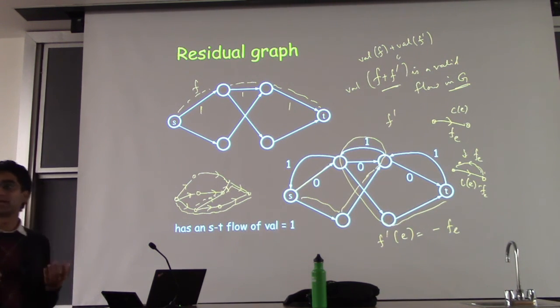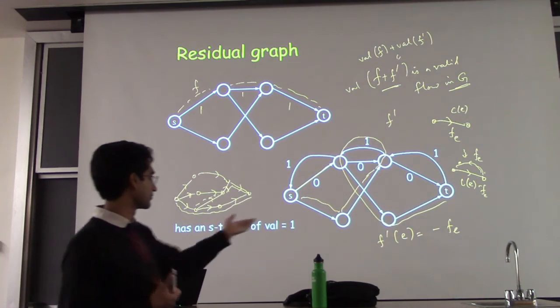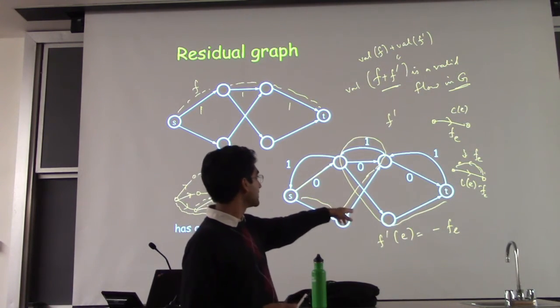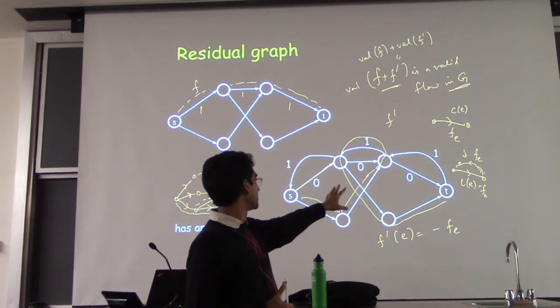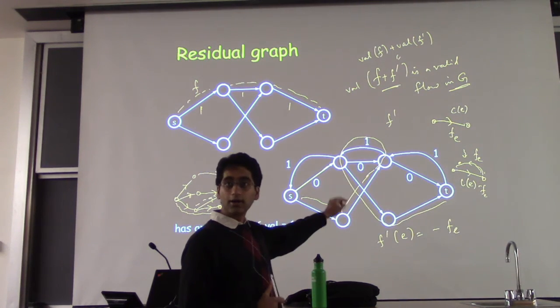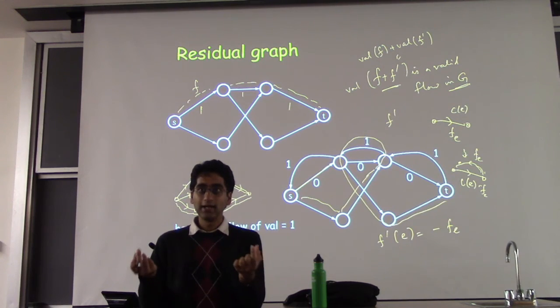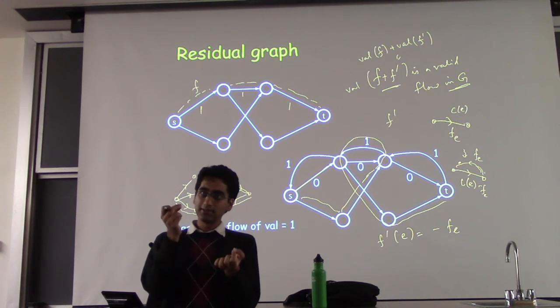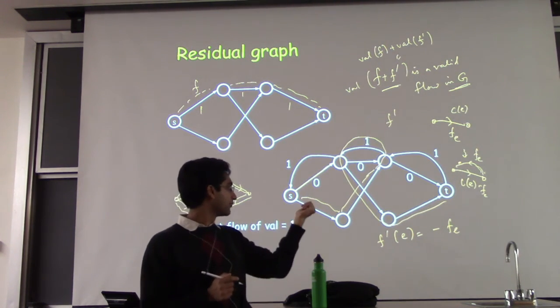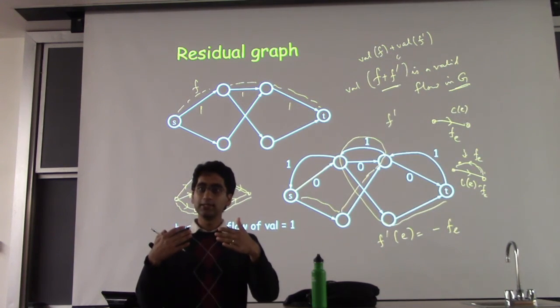Think about this for a second, and it will make sense. If you had sent a flow F prime in this residual graph along an edge that wasn't already present, just think of it as a negative flow and add them up numerically.